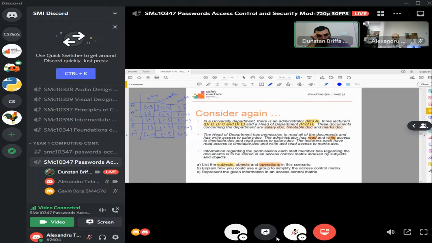Any problems with this? Straightforward. It's not a particularly difficult thing, and in fact, it's quite simple. The matrix concept is used a lot in operating systems, because a matrix provides an easy way.